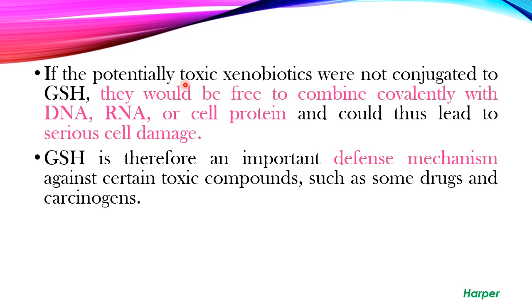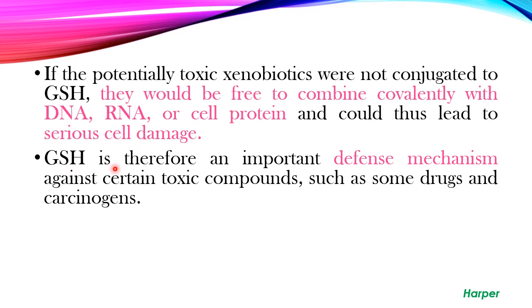Supposedly, if extremely toxic or harmful xenobiotics escape the process of glutathionation and cannot be conjugated well with glutathione, then these toxic xenobiotics target nucleic acids or even cellular proteins, and as a result they may cause serious cellular damage.